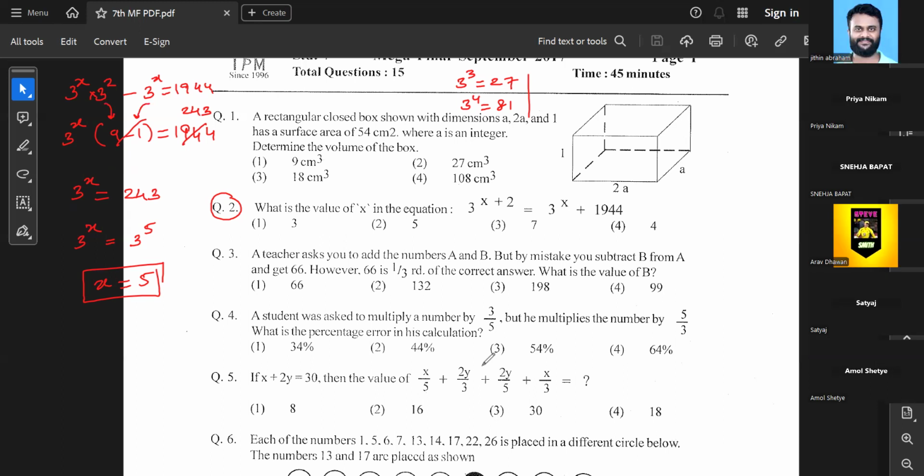Arey yaar, what happened? Oh man. Screen share got stopped. Just a minute.